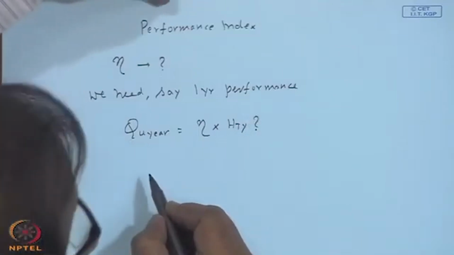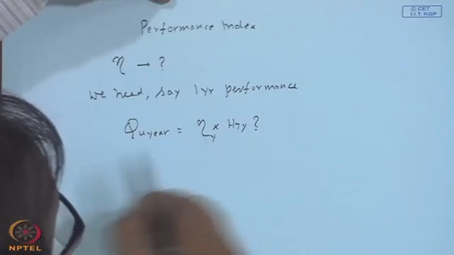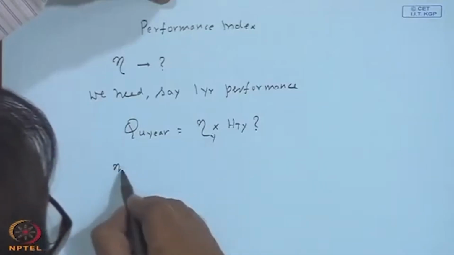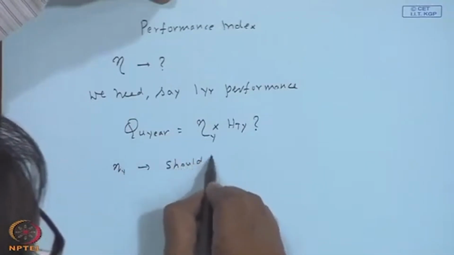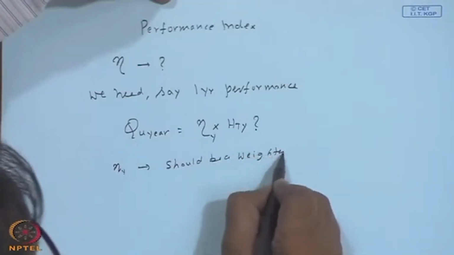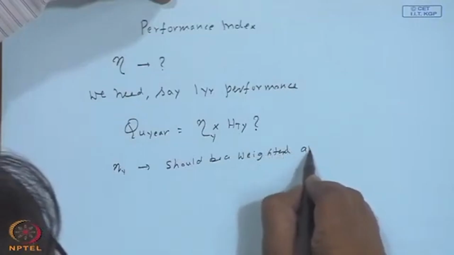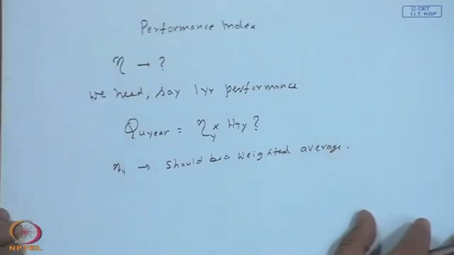Obviously, this does not work, and even if it does, then this eta y should be a weighted average. Because we know that the efficiency depends upon the input solar radiation, ambient temperature, wind velocity, so on and so forth.